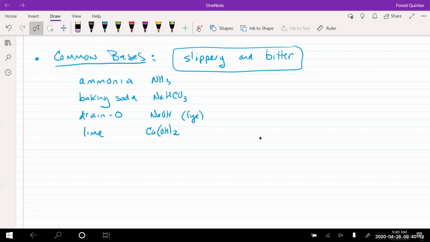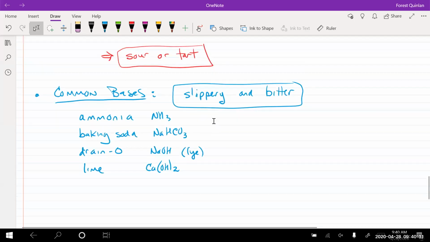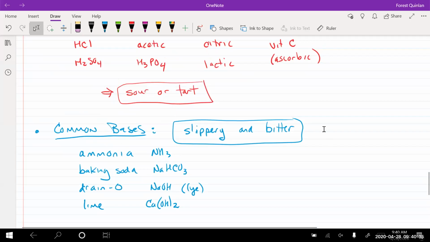And so the last thing you want to do is ingest something that's going to be harmful to you. And so we've developed as humans an aversion to anything that's bitter unless you make an acquired taste to it. And again, if you get it on you and it's slippery, it's probably not a good thing either. So acids are sour or tart to the taste. Bases are bitter, and they happen to be slippery if you actually get them on it or on you.